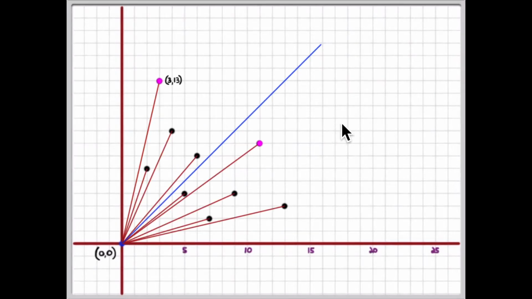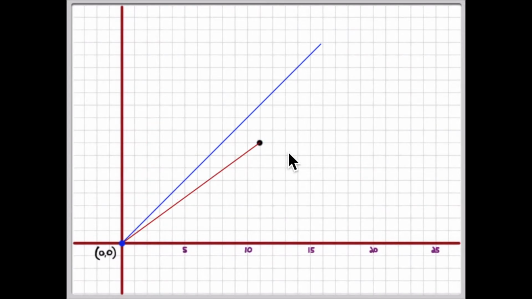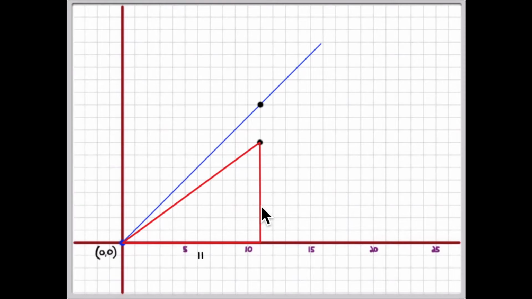I'm going to go through the same thinking 3 more times. So here's the next point right here. If you complete its right triangle, the length along the horizontal side is 11 units, and the length along the vertical side is 8 units. So those 8 units are 8/11ths of 11 units. And 8/11ths is less than 1.